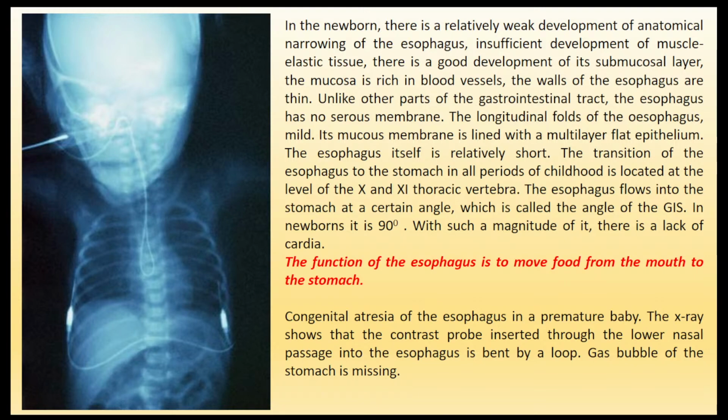The transition of esophagus to the stomach in all periods of childhood is located at the level of 10-11 thoracic vertebra. The esophagus flows into the stomach at a certain angle, called the angle of His.